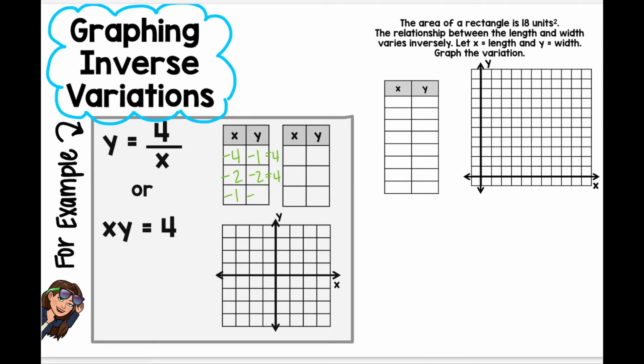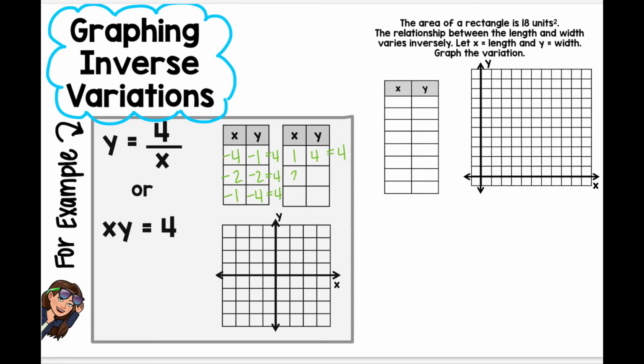If our x value is negative 1, negative 1 times negative 4 is equal to positive 4. I could also pick some positive x values. So if I pick the positive x value of 1, what would the y value be so that the product x times y is equal to 4?